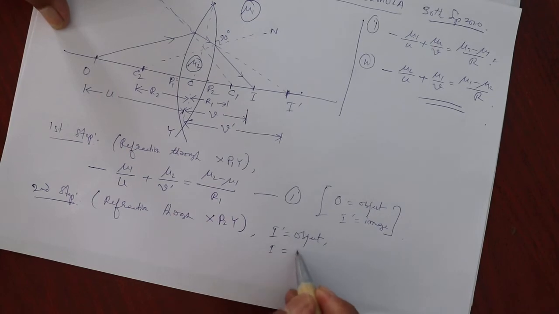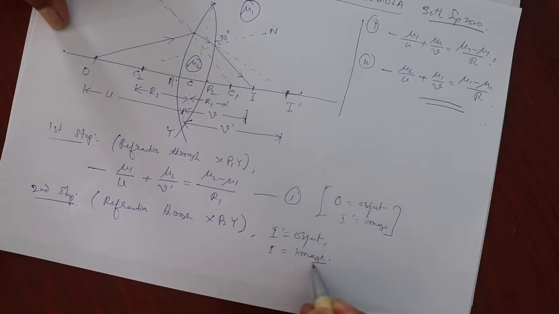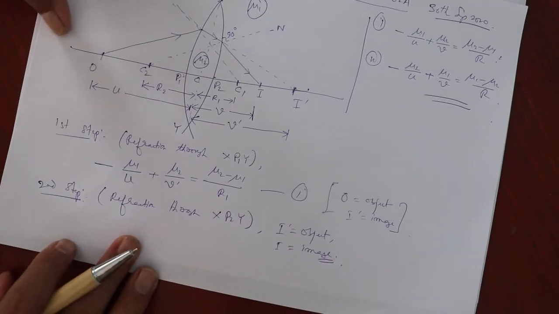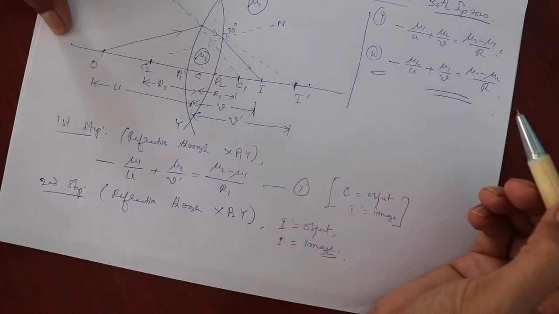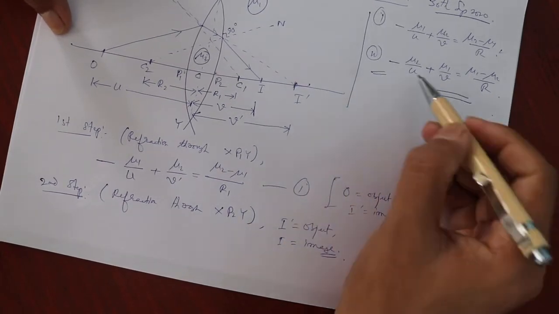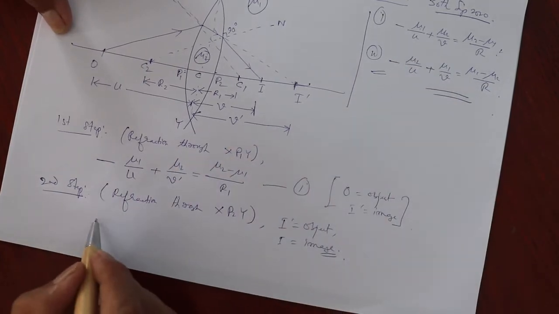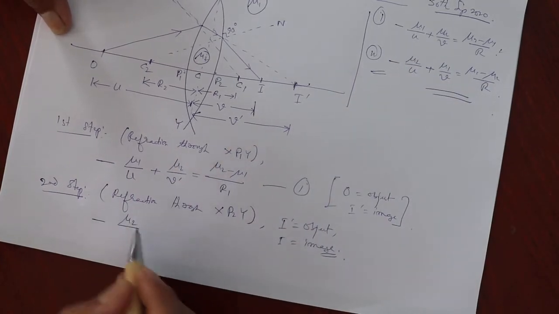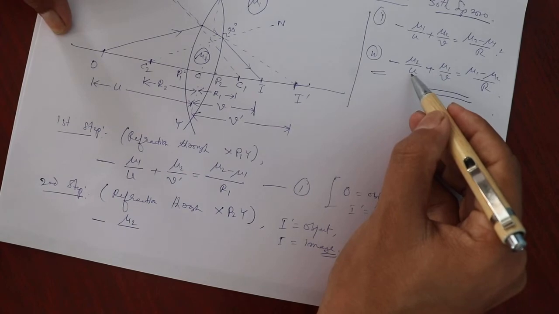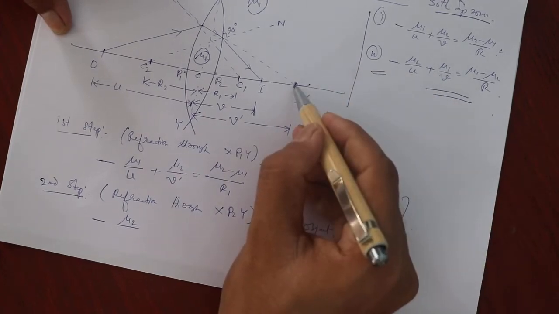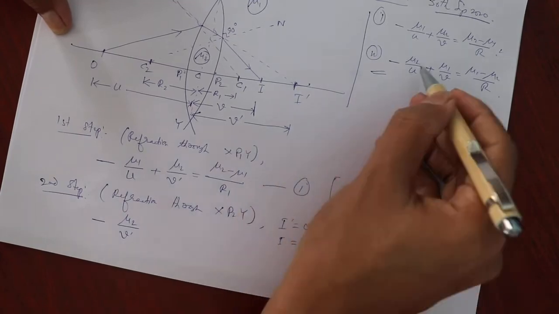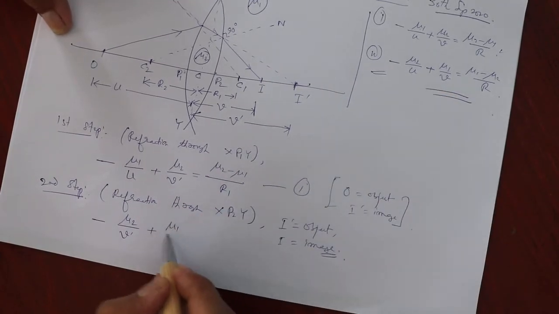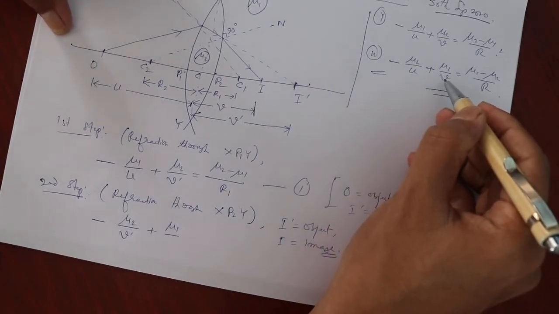So if you apply the second formula, you have minus mu2 by u for the object distance. In our case, I dash is the object, so the object distance becomes v dash, followed by plus mu1 by v for the image distance.